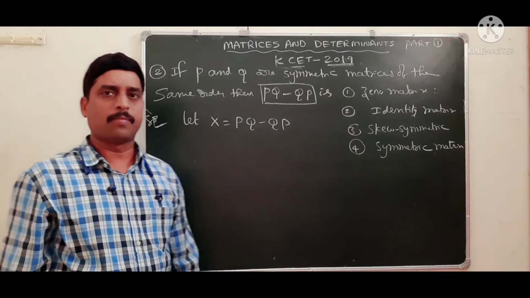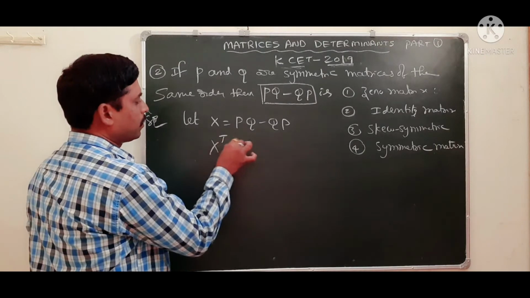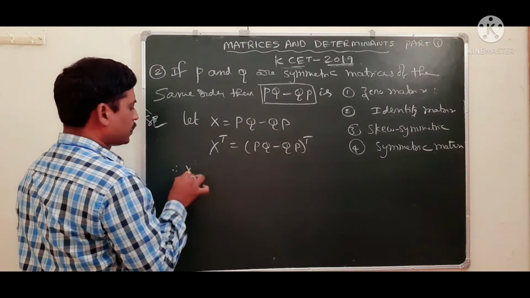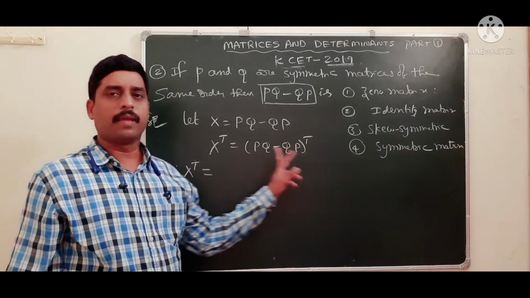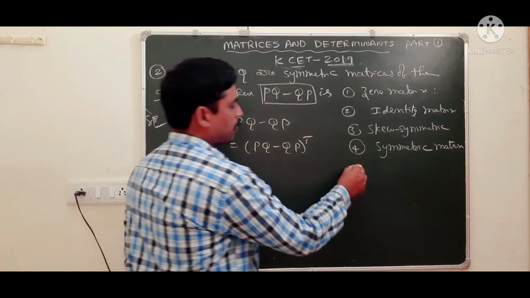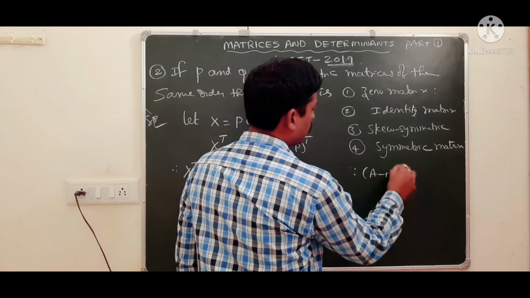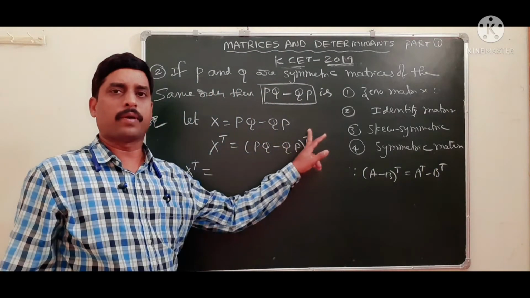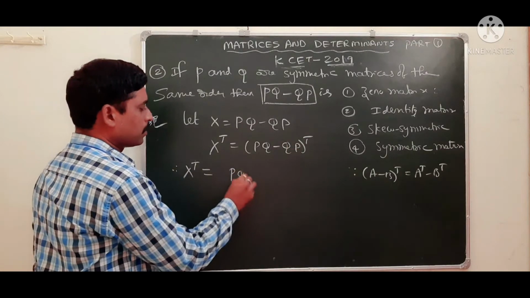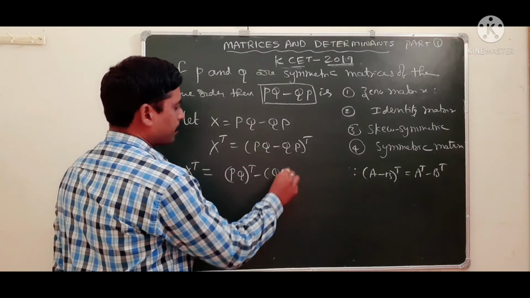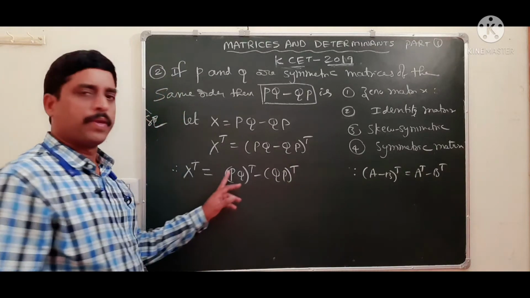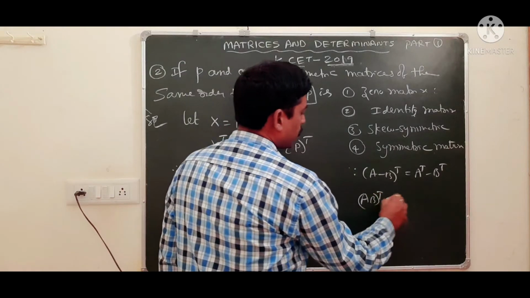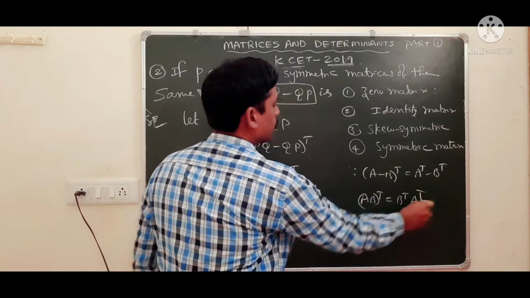Now taking transpose on both sides, X transpose is equal to (PQ minus QP) whole transpose. Therefore X transpose is equal to, by using (A minus B) whole transpose is equal to A transpose minus B transpose, (PQ) transpose minus (QP) transpose. We have the formula (AB) transpose is equal to B transpose A transpose.